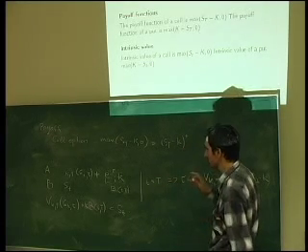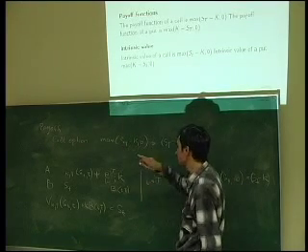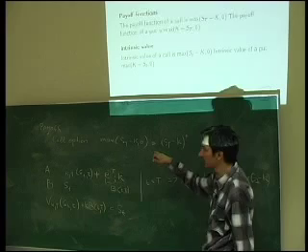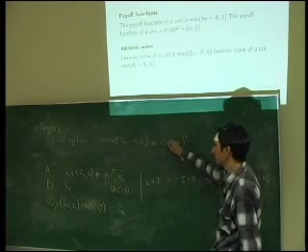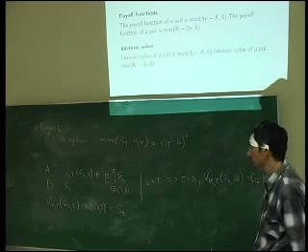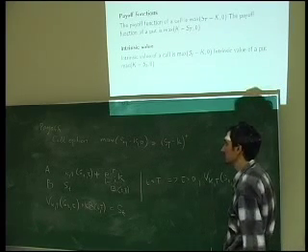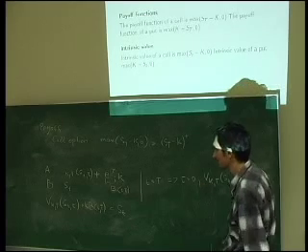And this plus exactly means that you have to take the maximum of these two values, 0 and S capital T minus K. This is exactly some notation in order to be concise.